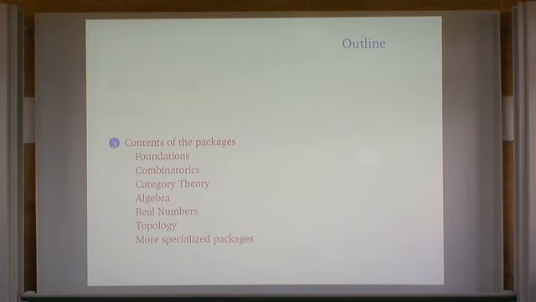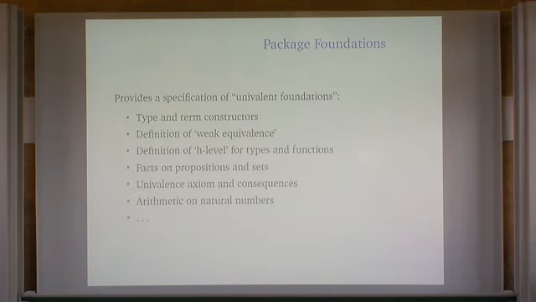I will now start with describing the contents of some of the packages of Unimath very briefly. So the first part is foundations. This maybe is a specification of what we mean by univalent foundations. It's a specification of the theory we work in, and gives then the fundamental definitions of the univalent foundations.